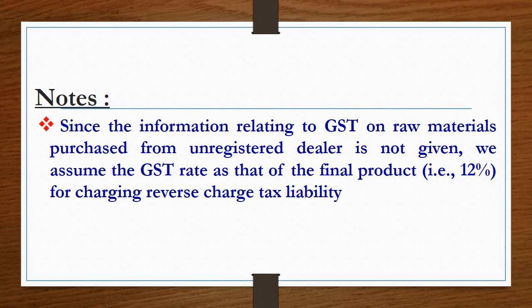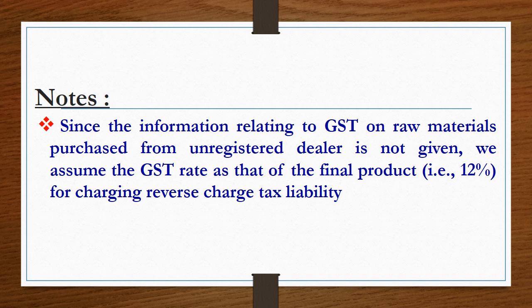Okay, so we need to write a note with respect to the GST output, reverse charge tax liability that we have charged at the rate of 12%. The reason for writing the note is the information with respect to the reverse charge tax liability rate, that is raw materials GST rate, which is not given in the question. So what we have done is we have assumed it as same as the final product, which is 12%.